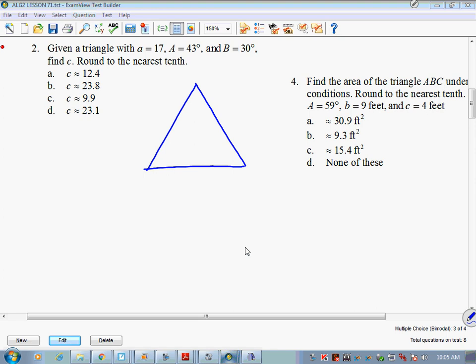Let's just start off here with putting our information on here. Let's see, Mimi, where would you put 17? Is it a side or an angle? It's a side? Okay, do you want to put it top left, top right, or bottom? Top left, 17. Okay, now that 17 is there, everything else kind of starts to fall into somewhat of a specific place. If 17 is here, where does 43 have to go?